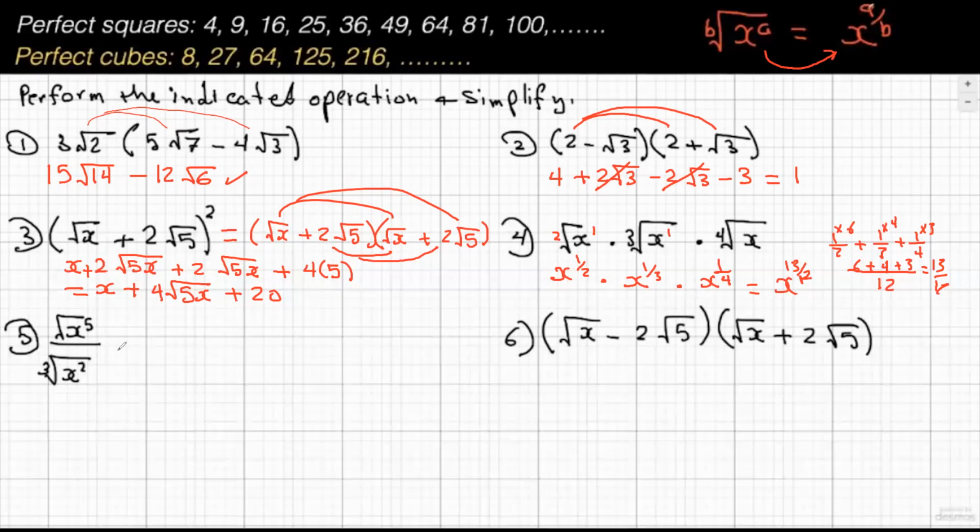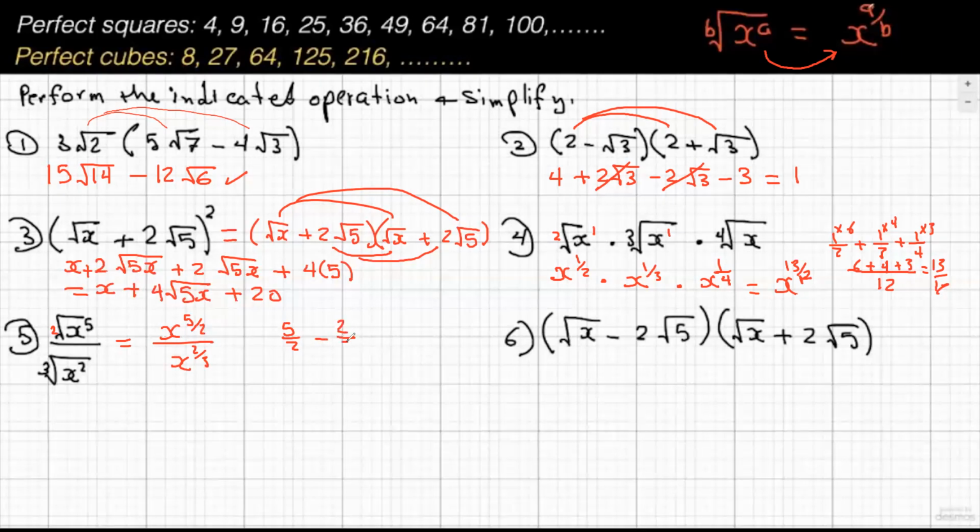Okay, now this here is similar to this, so you cannot divide unless you change this to exponential form. Remember, there's a 2 here. So that's x to the power of 5/2 divided by x to the power of 2/3. Now I'm going to take the 5/2 here, and I'm going to minus because I'm dividing. Of course, we're going to minus and not add, 2/3.